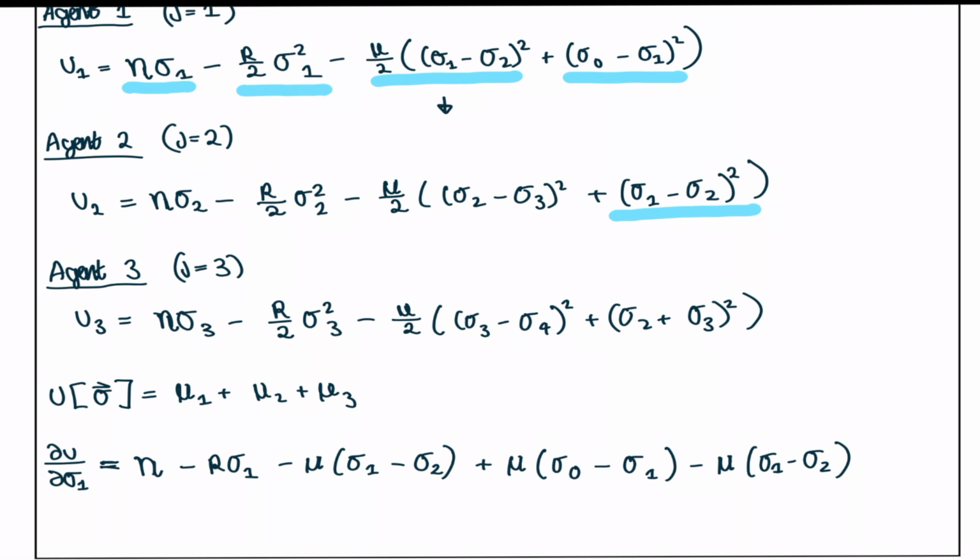So when I differentiate this, if we focus on this bracket, we will use chain rule, and we have 2 brackets sigma 1 minus sigma 2, and then we differentiate what's inside the bracket. So when we differentiate sigma 1, we just get 1, so we don't need to write that. If we now multiply this with minus mu over 2, we will get minus mu over 2 sigma 1 minus sigma 2, which is what we got over here.